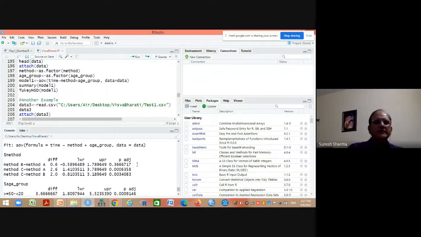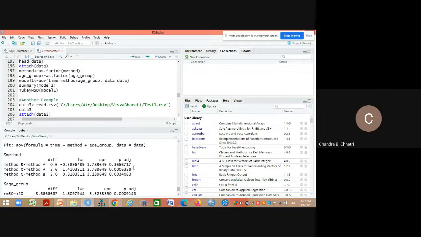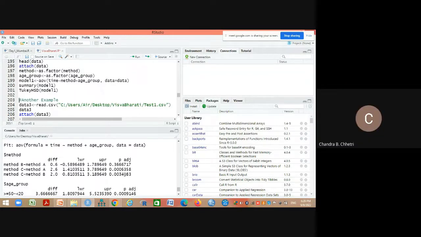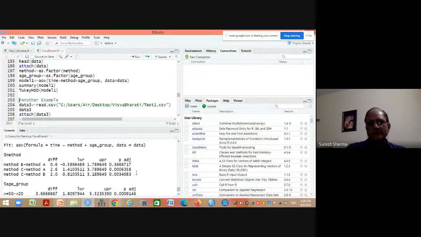That means there is no significant difference whether you teach by method A or method B. What about the comparison of C versus A? Significant. What about C versus B? Significant. That means C differs from B, and C differs from A also.